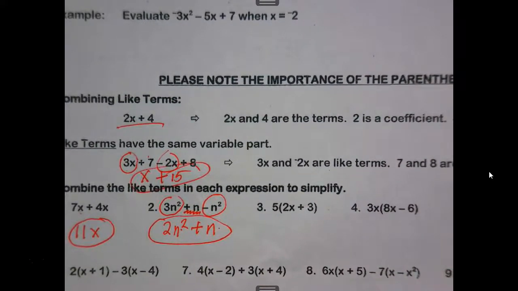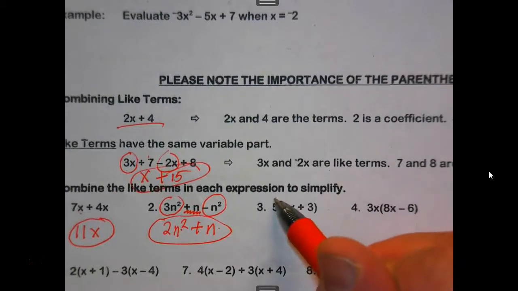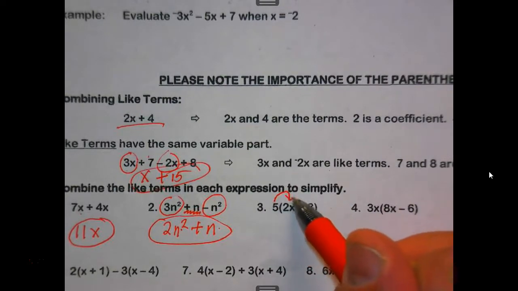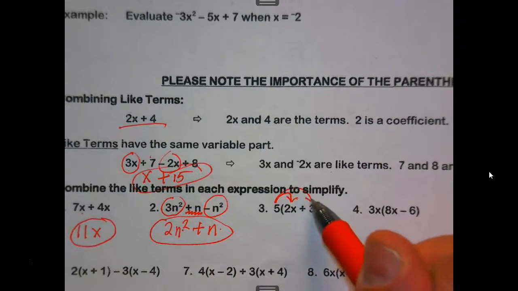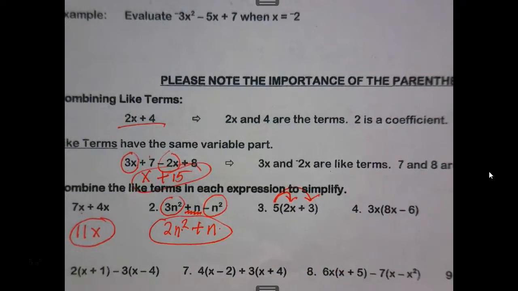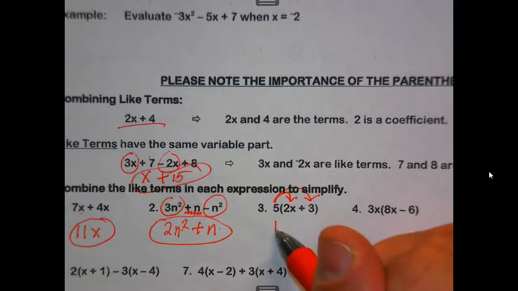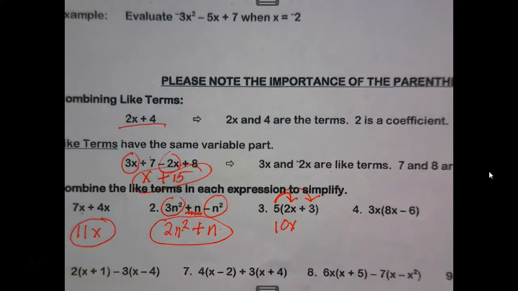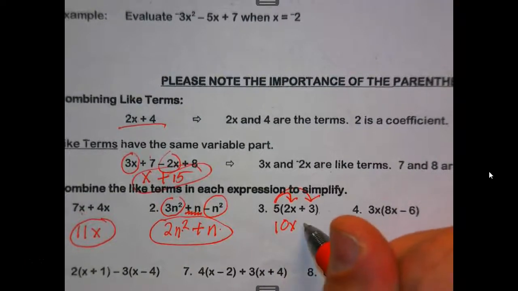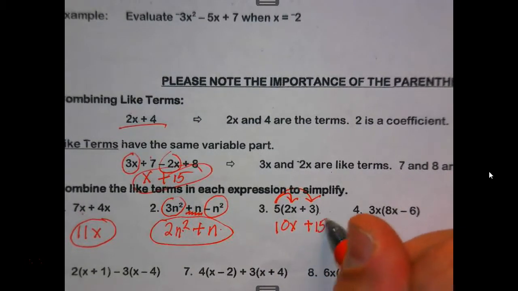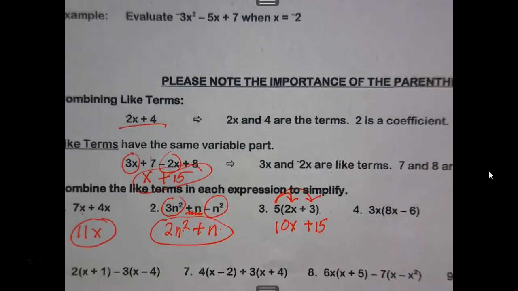Number 3, I have a number out in front of parentheses. Distribute. 5 times 2x, 10x, 5 times 3, positive 15. Different terms, leave them.